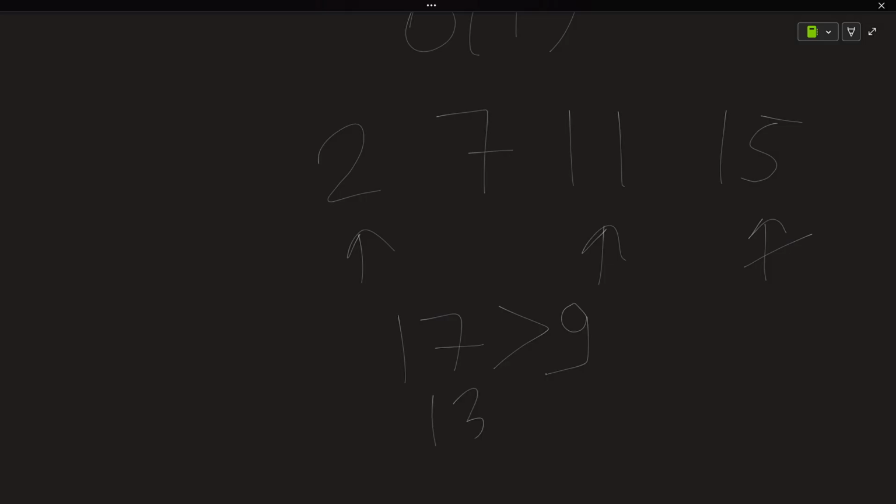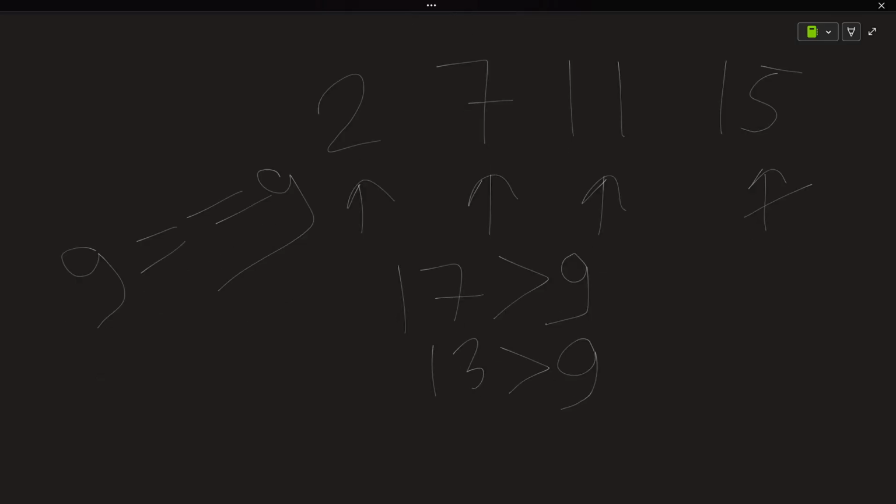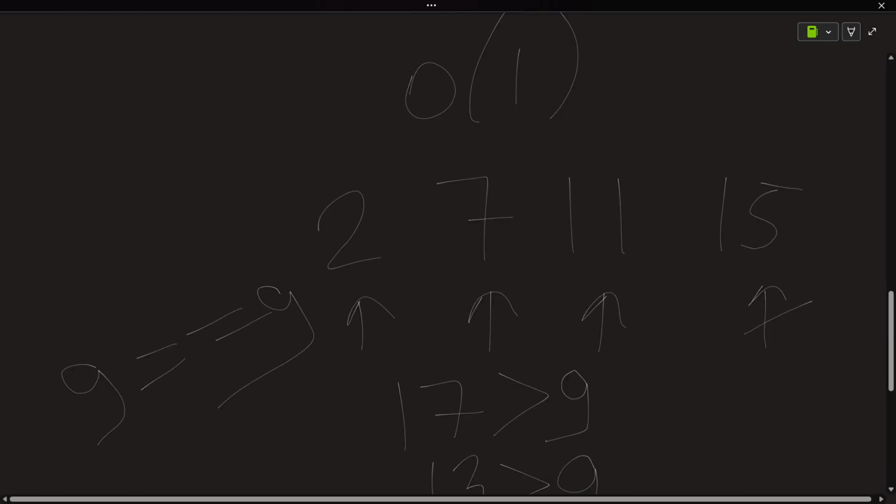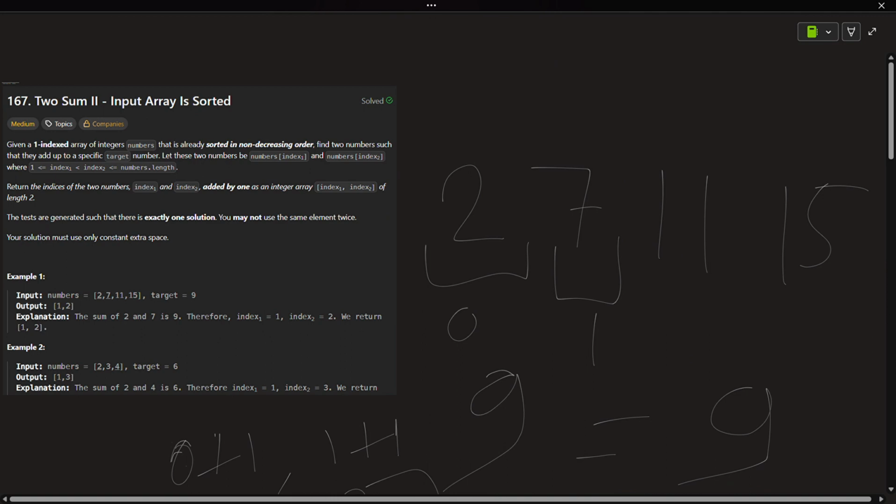Our 13 is also greater than 9, so I will again reduce the right pointer so it points to 7. Now the sum of 2 and 7 is 9, and it is equal to our target element, so I will return the indices of these. Now our other test case is 2, 3, and 4.